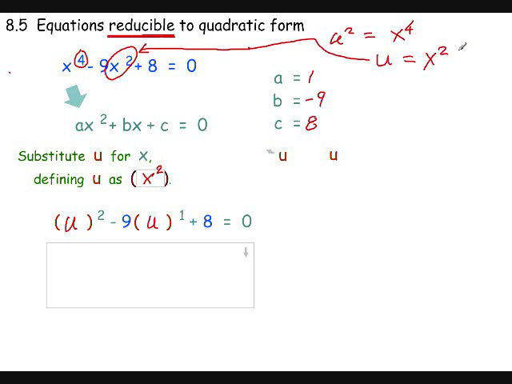The other thing you should notice, if it is reducible to the quadratic form, the power on your leading term, your highest power term, is going to be double the power of your middle one, which is true here, isn't it? Okay, so let's go ahead and solve this.